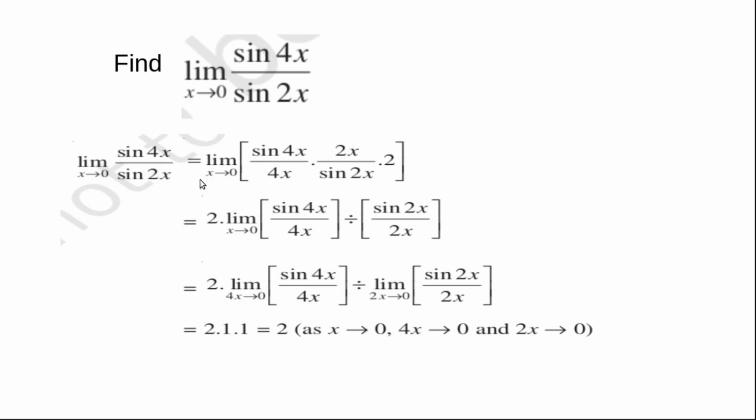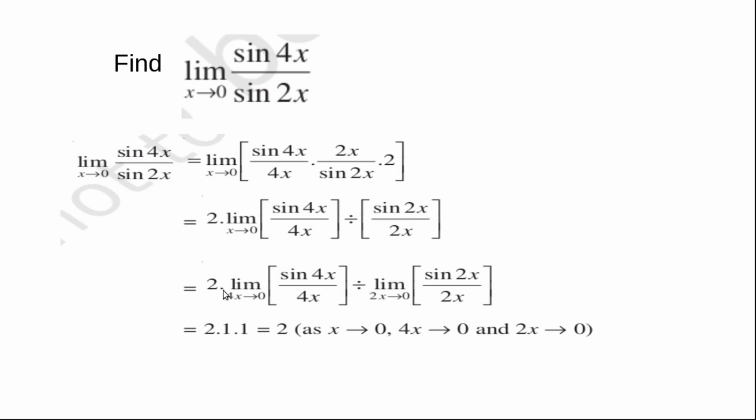Now dividing, sin 4x by 4x into sin 2x, here this 4x and this 4x cancel, that we can write 2 is taken outside, then it is limit x tends to 0 sin 4x by 4x divided by limit sin 2x by 2x.